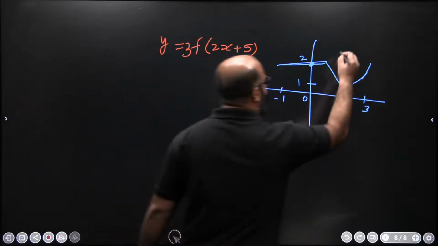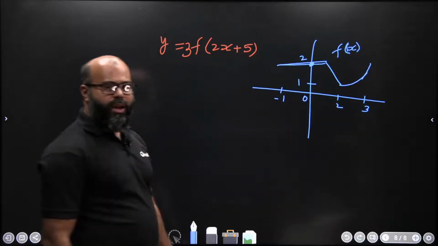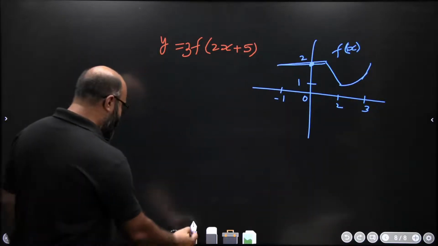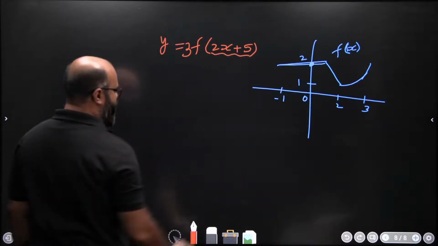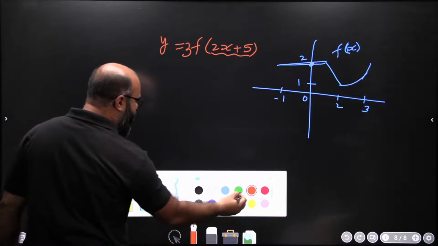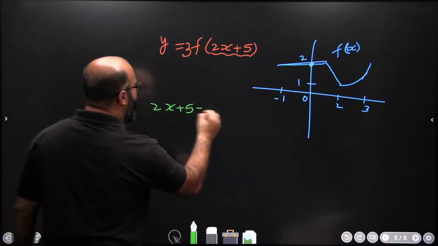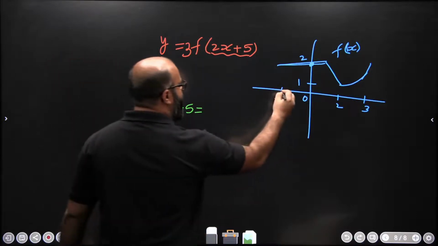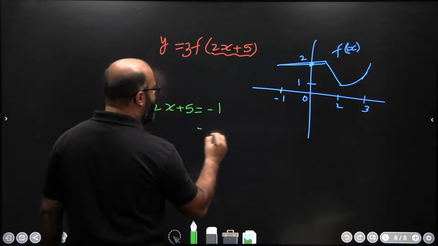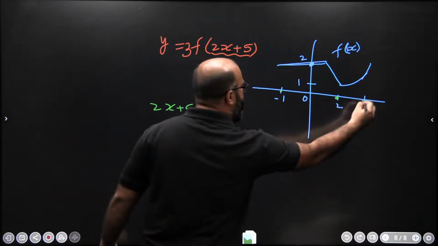Some basic steps you have to remember here: for the input, we talk about 2x plus 5. So 2x plus 5 is the new input. Let us equate it to all those points where the graph nature is changing. First is minus 1, next is 1, next is 2, next is 3.